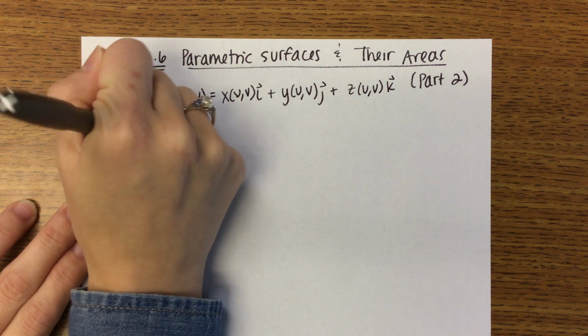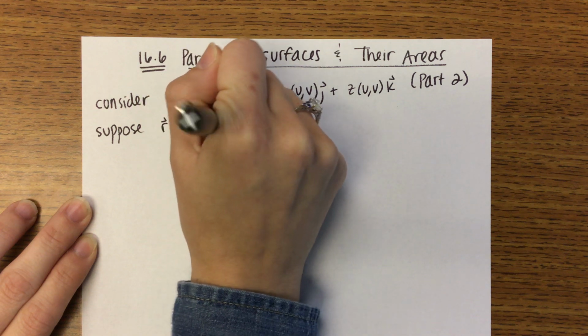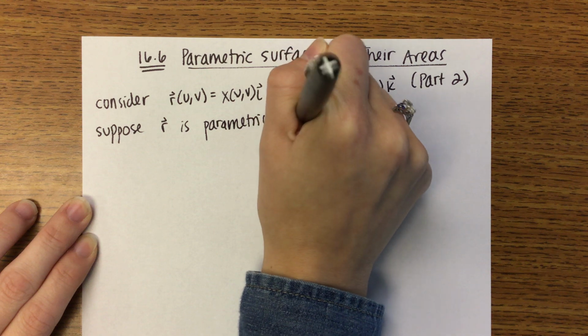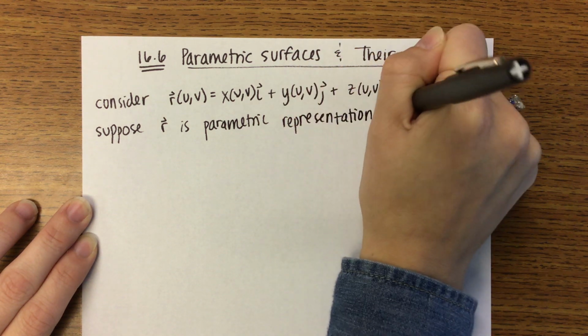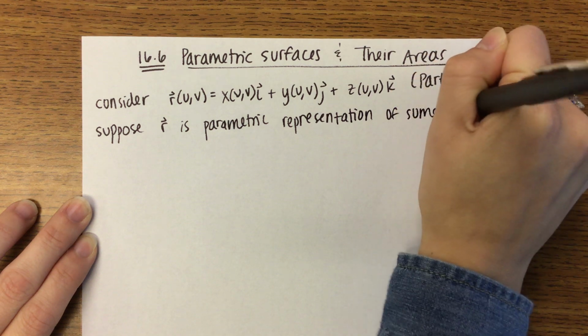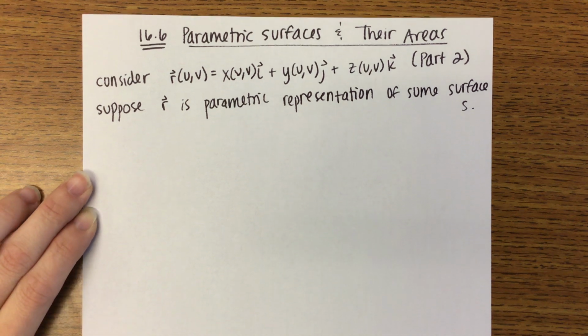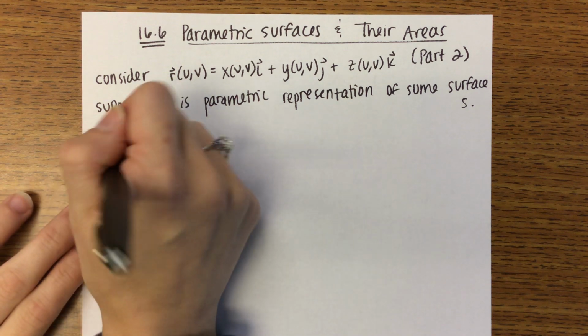And we are going to suppose that r is a parametric representation of some surface S. So the objective today is to figure out how do we calculate the surface area of that surface S.